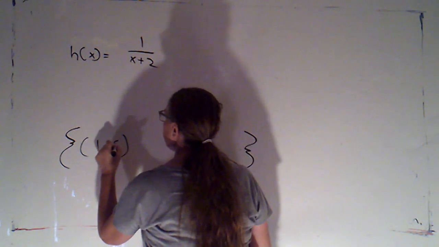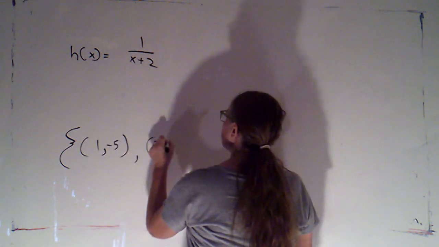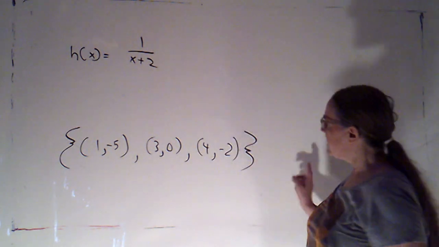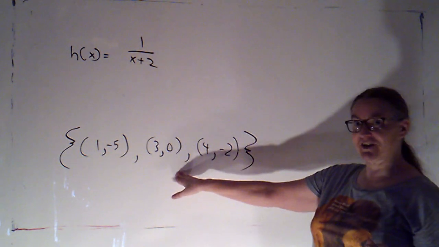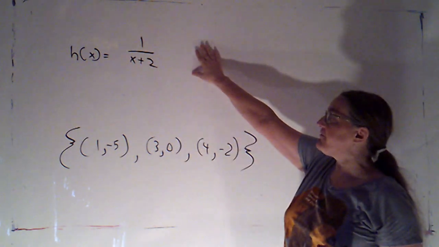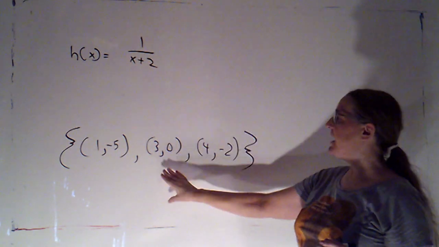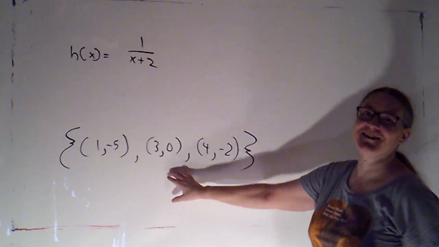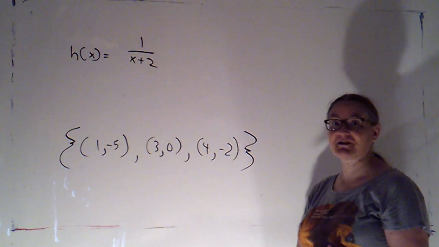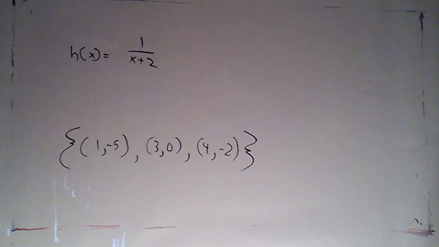So let's say we had (1, negative 5), (3, 0), (4, negative 2). So that's also a function. I want you to find the inverse function. So find me a formula for the inverse function here, and find me the inverse function here. You'll be giving that in the same format as just a set of ordered pairs. So pause the video and try those two.